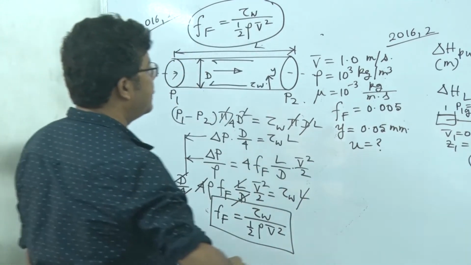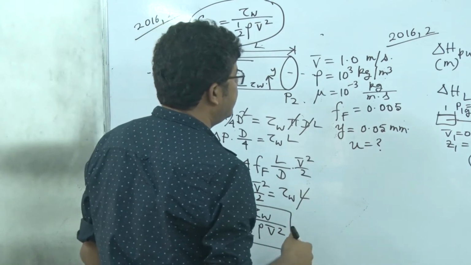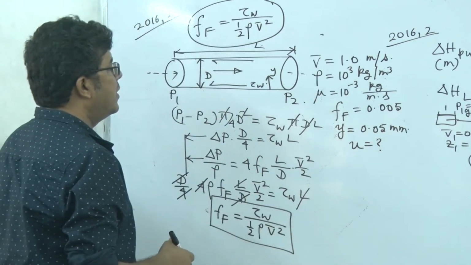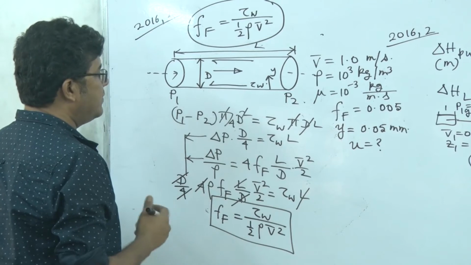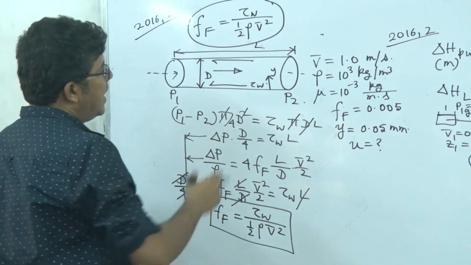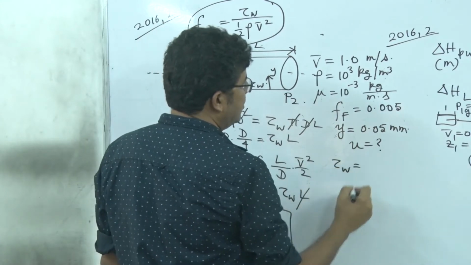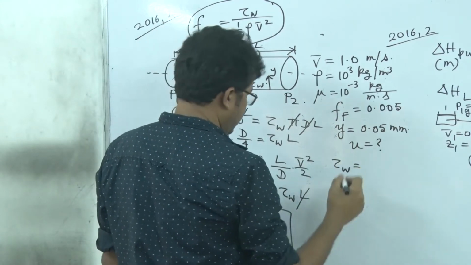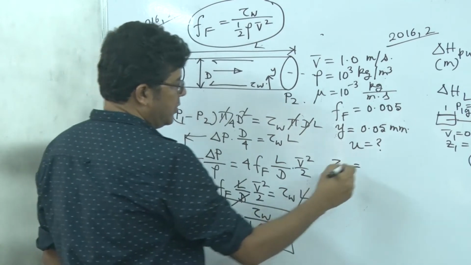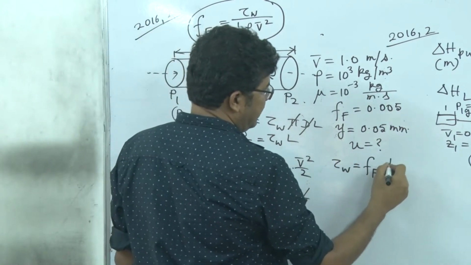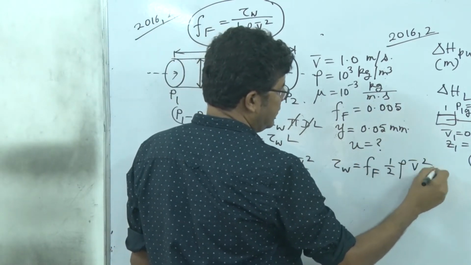So you see that the average velocity is given, so we can calculate tau W from tau W is equal to Ff into half rho V bar square.